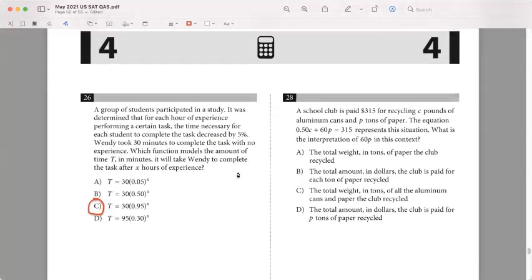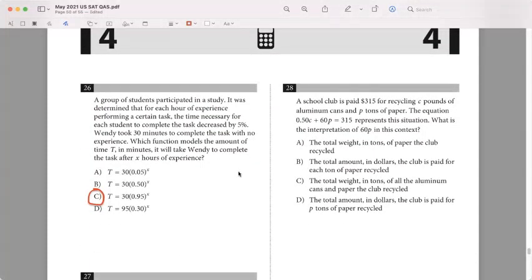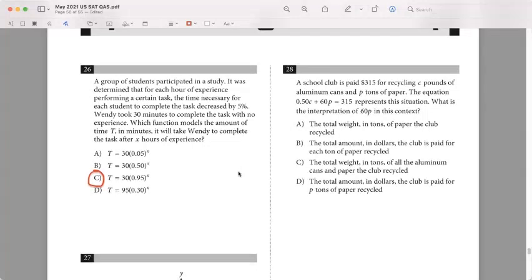A school club is paid $315 for recycling C pounds of aluminum cans and P tons of paper. The equation 0.5C plus 60P equals 315 represents the situation. What is the interpretation of 60P in this context?